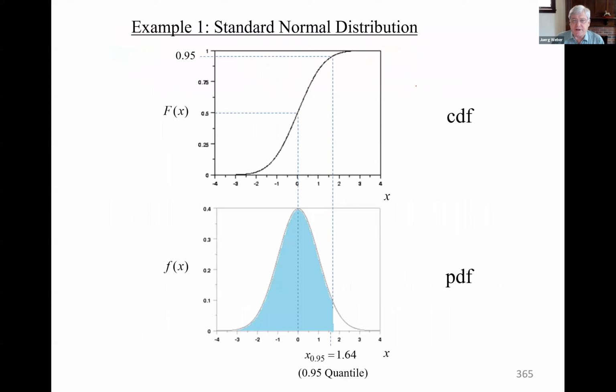Now, conceivably, you will have flat portions. You can have flat portions in cumulative distribution functions. So maybe here suddenly it's no longer increasing, and then later it increases again. So that would be possible. So you have a flat portion.